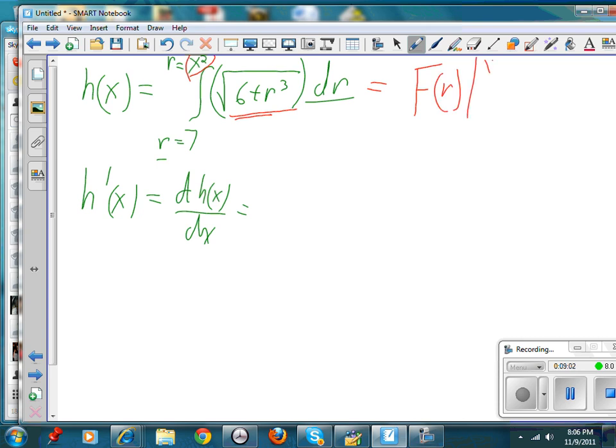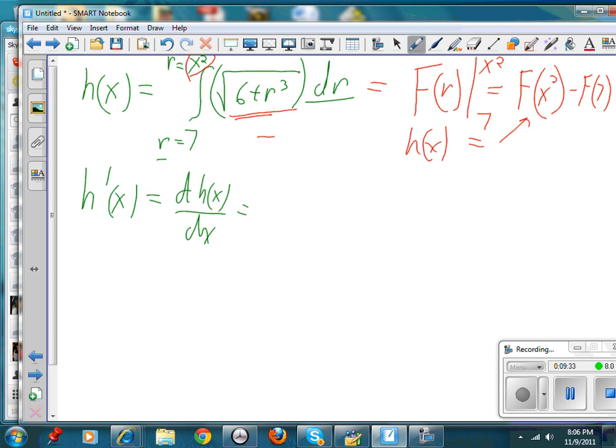I'm going to evaluate that at x squared and 7. When I plug in the endpoints, well, what do I get? I get F of x squared minus F at 7. Okay? This is essentially, okay, this is equal to h of x is equal to that.